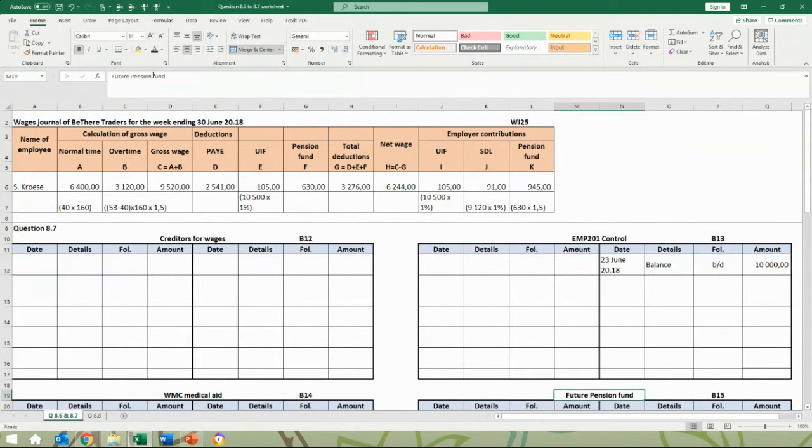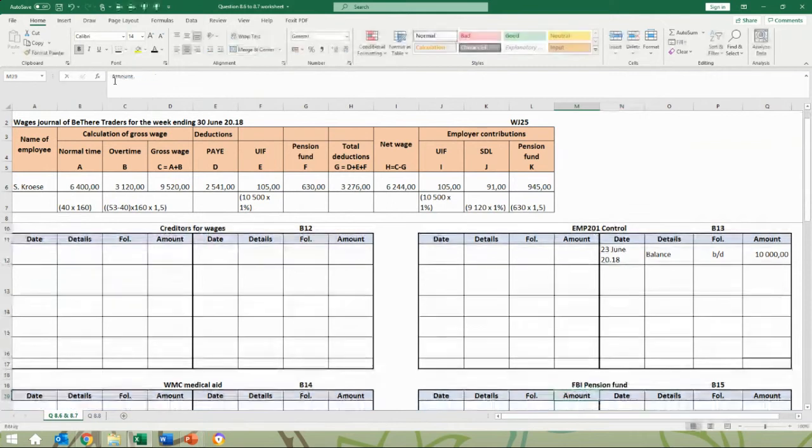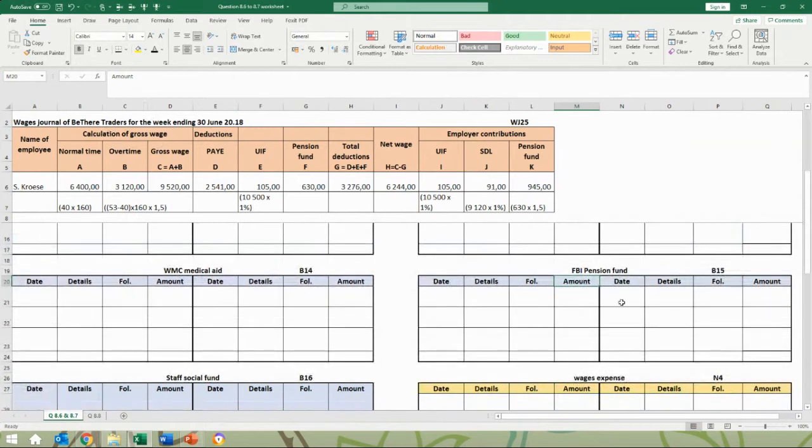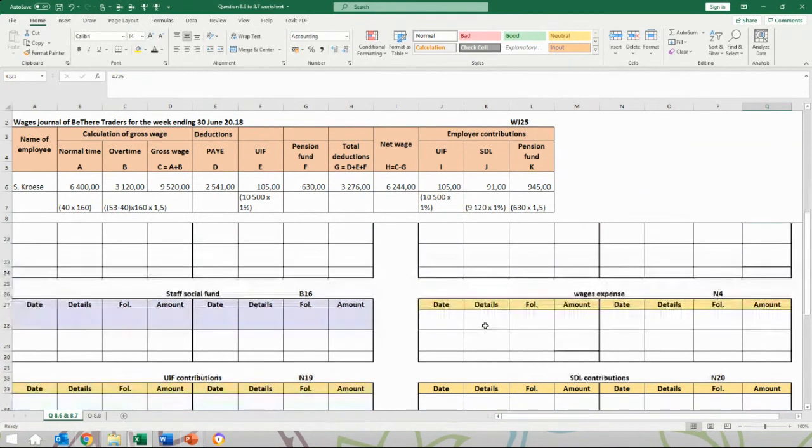Then for your UIF, okay, it's pension fund, we say the opening balance is 4,725 Rand. So we account for that opening balance. Then our wage expense, so that is our nominal account. Our current balance for the wage expense is a debit balance of 8,750.